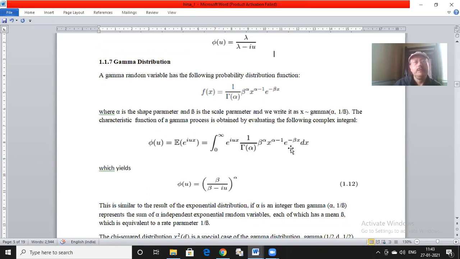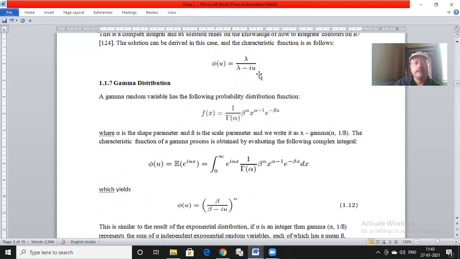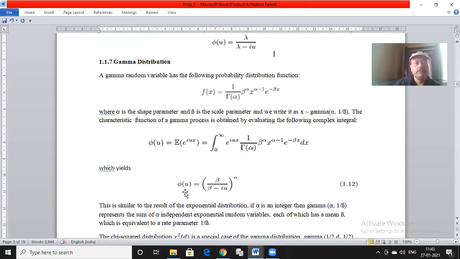And again, if I do the same integration idea, one can find that the phi for the gamma distribution will be given by beta by beta minus iu power alpha. That also explicitly shows the connection between exponential and gamma. You can just put alpha equal to 1 and you get this form.